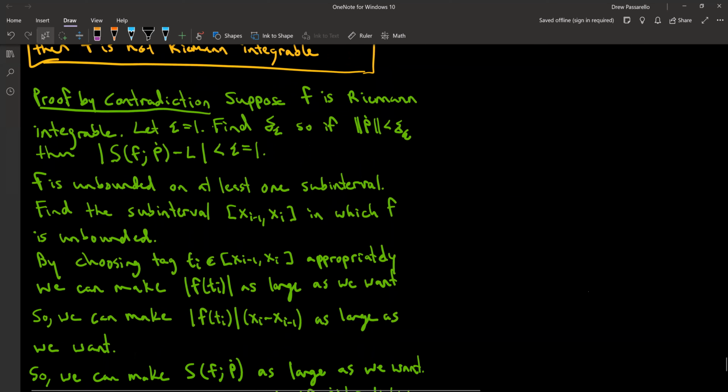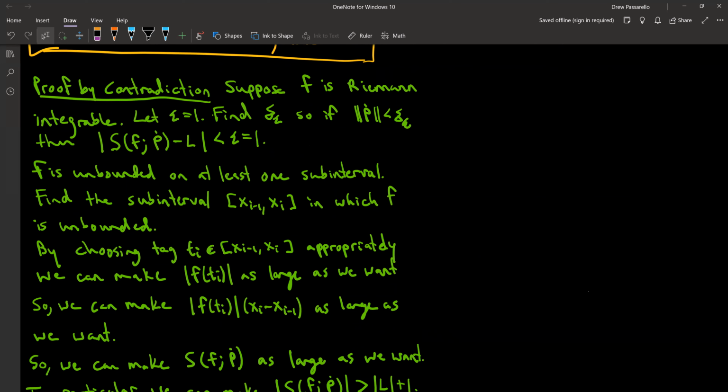So f is unbounded, so it's unbounded on at least one subinterval. So find the subinterval x_{i-1}, x_i in which f is unbounded. So we can choose a tag in the subinterval appropriately and make the absolute value of f of t_i as large as we want, which then means that we can make the absolute value of f of t_i times the subinterval width as large as we want.